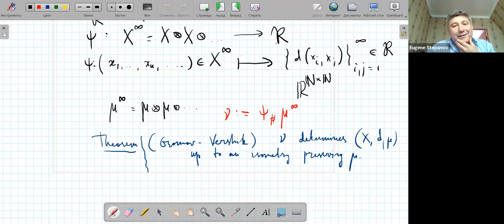The set of distance matrices corresponding to various dense subsets of a Urysohn universal space is a G delta dense set. Saying in simple words, almost every, in the sense of category theory, almost every metric space, without thinking about measure, is the Urysohn universal space.